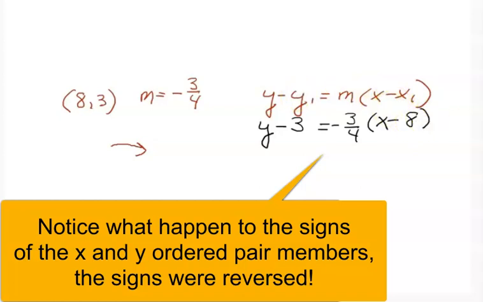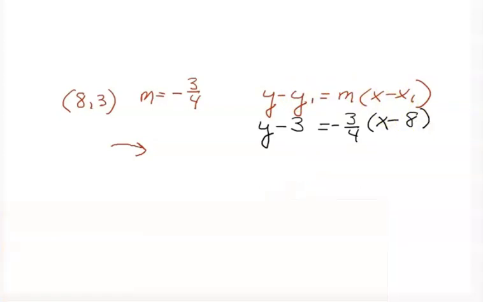Now, the key is, what do we do with this? Well, we want to solve this equation for the letter y, to put this now into slope-intercept form. So with this fraction here, I'm going to suggest we multiply each term by the lowest common denominator, 4. We want to get rid of fractions.